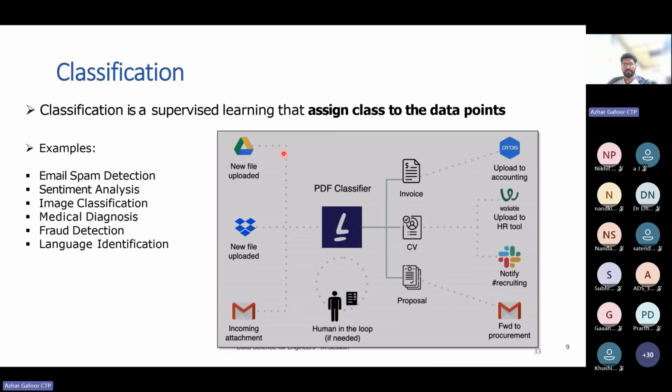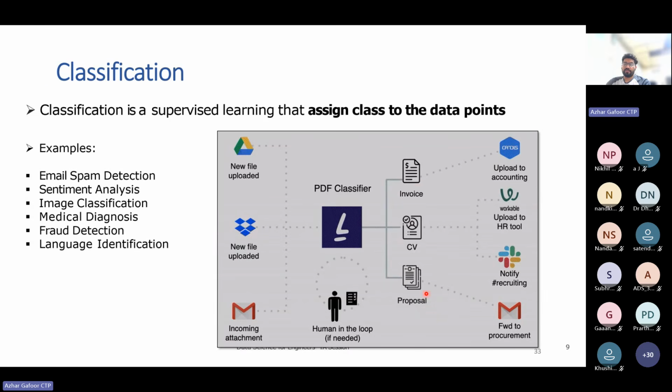So this is an online classification problem. Whenever we upload a document to our drive or OneDrive, or if you receive a mail with an attachment, this PDF classifier will classify the document into different classes. So it may be an invoice, it may be a CV or a proposal.